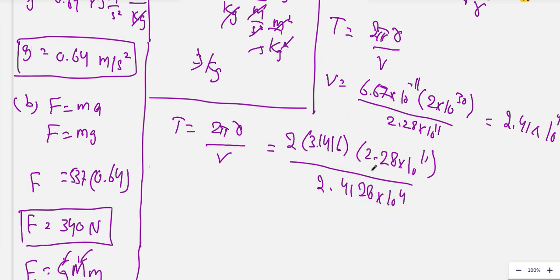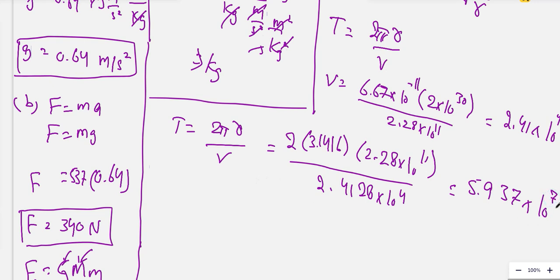I will get the value in terms of seconds and then I need to convert into years, but first of all let me solve this one. This will be 5.937 multiplied by 10 raised to power 7.